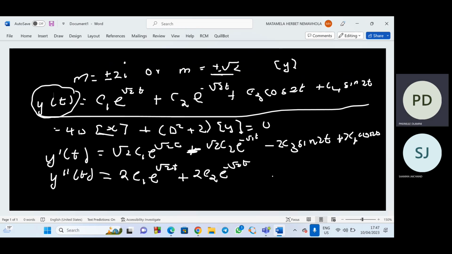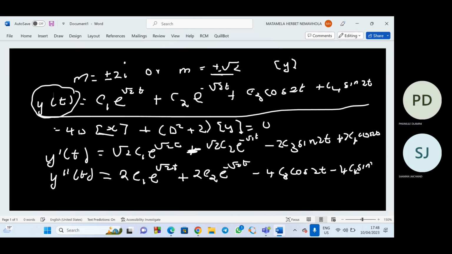Then when you differentiate cos, it is going to be negative 4, because it's 2 times 2, negative 4 c3 cos 2t. When we differentiate sine, it is going to change sign to negative again. There is a 2 here, so negative 4 c4 sine 2t.